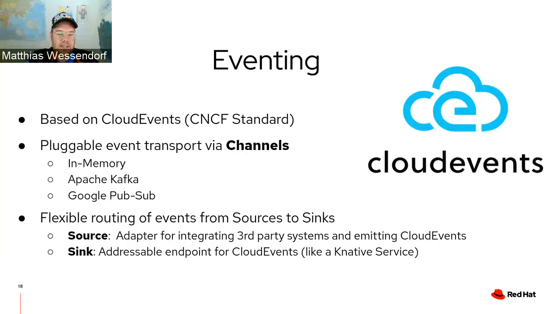And in our case, the sink is an addressable that is consuming CloudEvents. In our specific cases here for the demos that I have later, they are all written as Knative services. However, you can also use vanilla Kubernetes services, but they don't have the nice autoscaling that Roland was explaining before. However, you could, for instance, have a Kafka source that is emitting to a good old Kubernetes service as well.